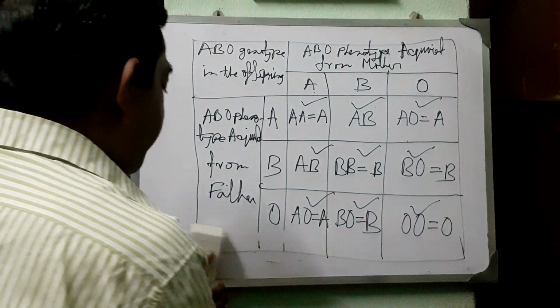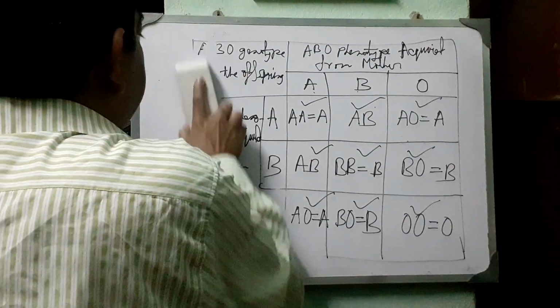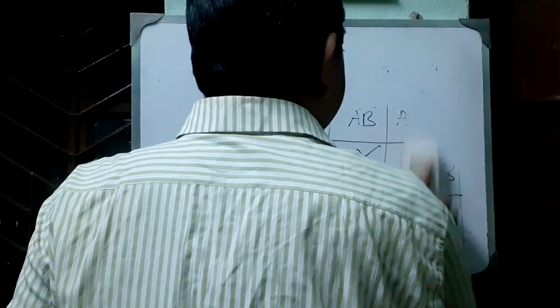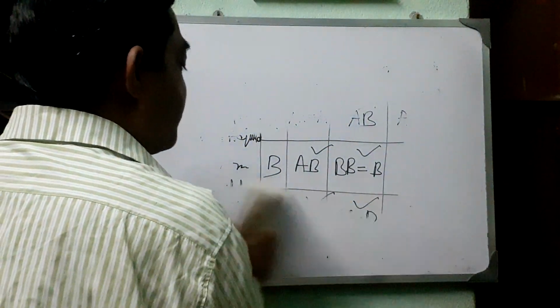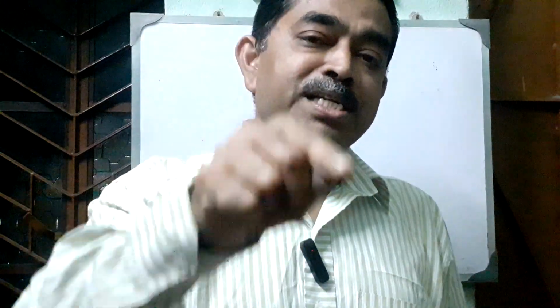Now, what happens in the genetics here? The antigen A is present in the red blood cells, and B antigen is present in the red blood cells of the B blood group.